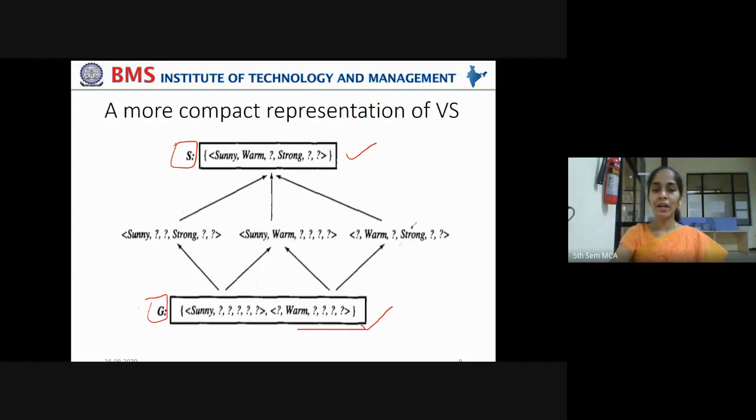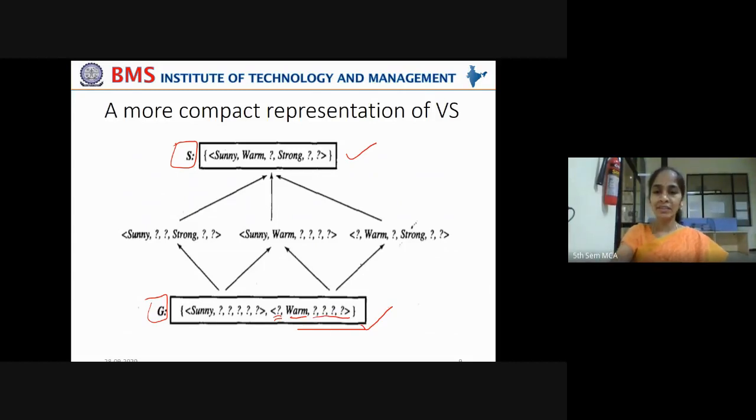There are two general hypotheses. One is sunny, with any value allowed for the rest of the attributes, and the other generalized hypothesis allows any value for the sky attribute, but is very specific about the next attribute. It should be warm, and other attributes can be any. These two are general hypotheses.